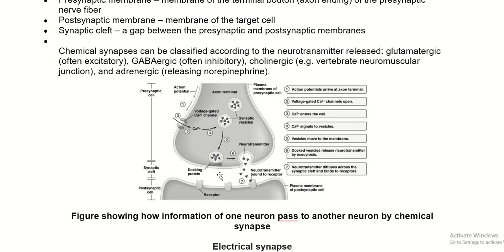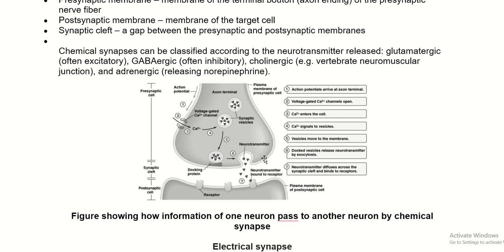The neurotransmitter passes through the synaptic cleft, and it binds with the receptor present on the postsynaptic membrane. By this process, the action potential of the first cell is passed to another cell.